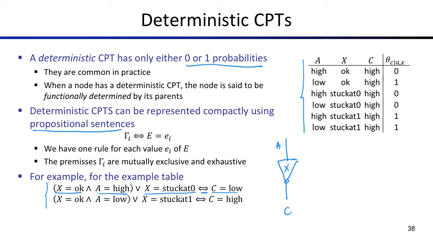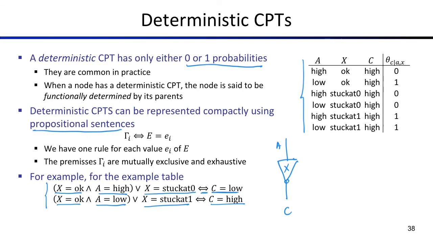But look at that, we have equivalence here, because it's also true that if C is low, we expect the following: either the gate is working okay and A is high, or it is stuck at 0. So these summarize the cases. The other case is for when C is high. And when C is high, we can expect that the gate is okay and A is low, so the input is low, or we are stuck at 1. So we have the fact that the gate is at a high level, it doesn't change the output.